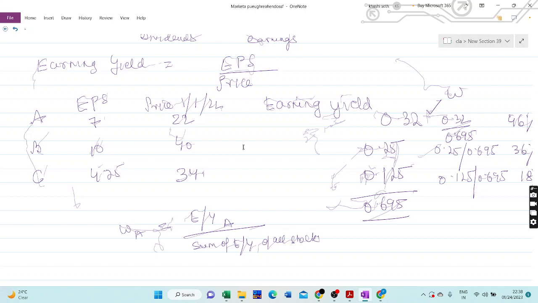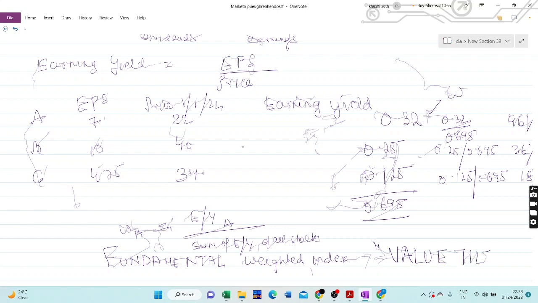So that is why a fundamental weighted index, a very important term, is said to have a value tilt. Please note this down. Why are we saying value tilt?